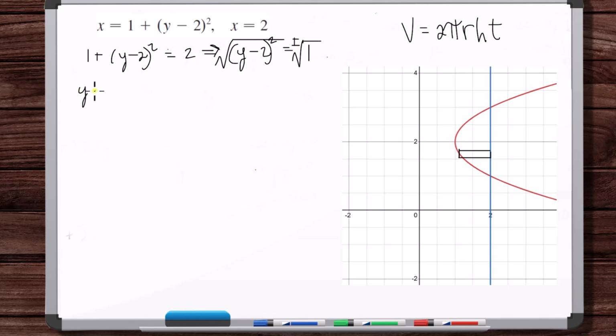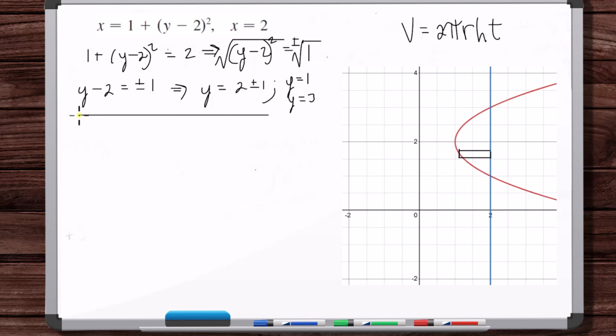So you've got y minus 2 is equal to plus or minus 1. So y is equal to 2 plus or minus 1. So y is equal to 1 and y is equal to 3. And that is correct. Here's 1 and here's 3. Okay. So we're integrating from y is equal to 1 to y is equal to 3.